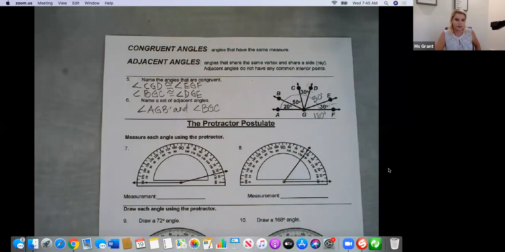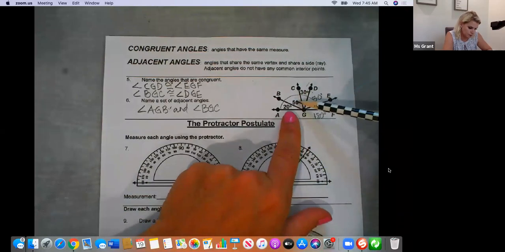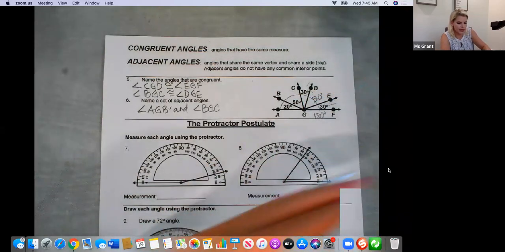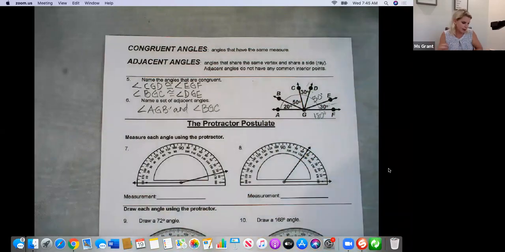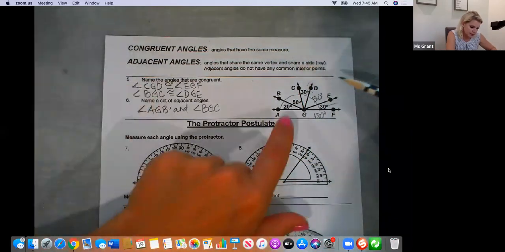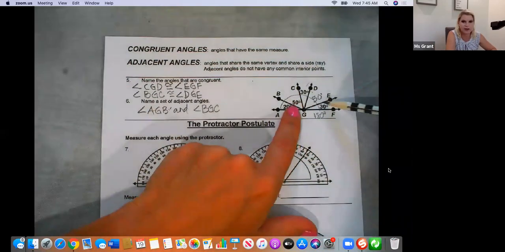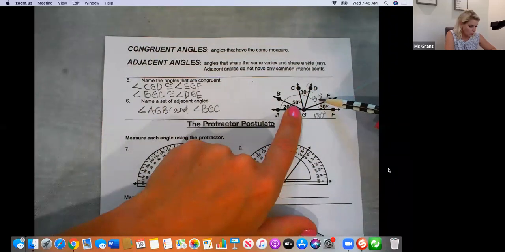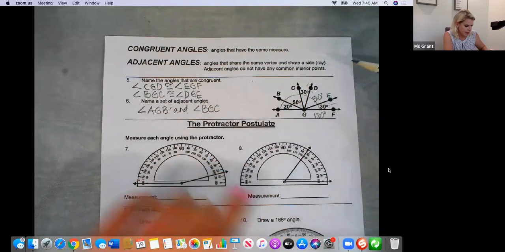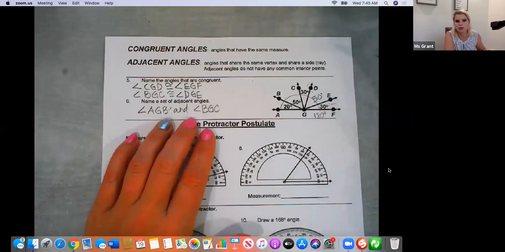Miss Grant, how come BGC is adjacent when it's already congruent? Oh, well, they can be doubled up. It is congruent. This 50 degrees is congruent to this 50 degrees. But what just happened is that we just chose 2 angles that were side by side, and one of them happened to be BGC and the other one was AGB.